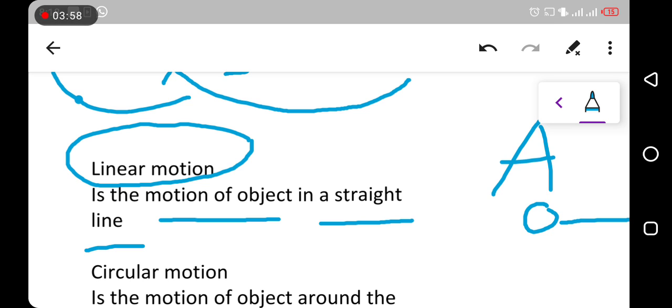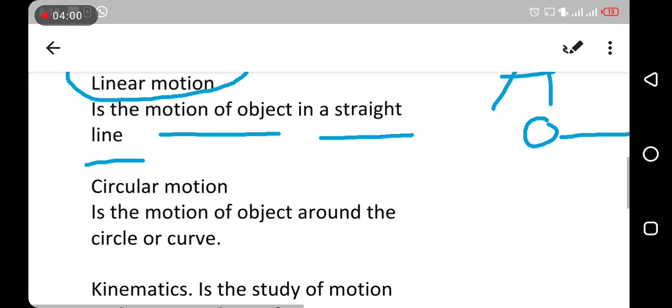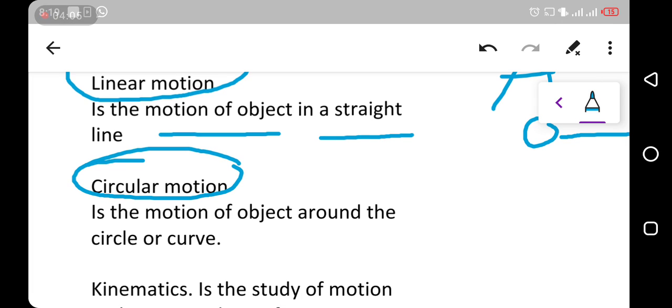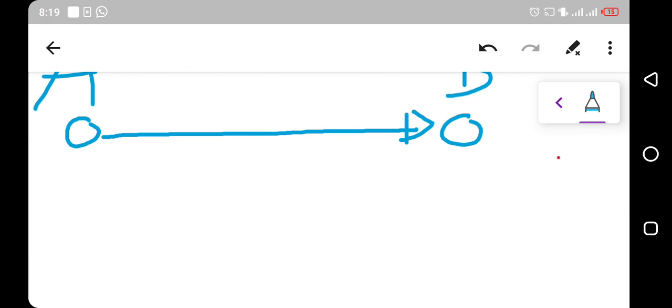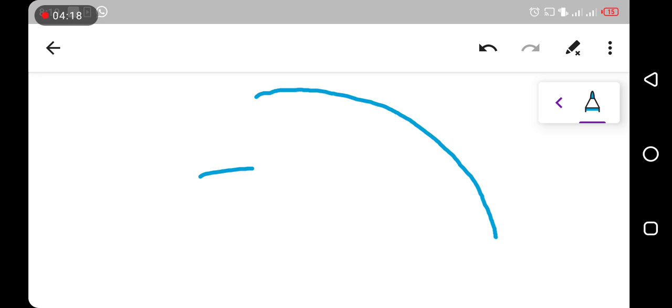And we have the second type of motion. Kama tulivyoona mwanzo, second type inaitwa circular motion. Tukitaka kujua circular motion, tunajua kwamba kuna zile barabara zetu. Hapa kwetu Tanzania kuna barabara nyingi. Tutaziona barabara zina curve.